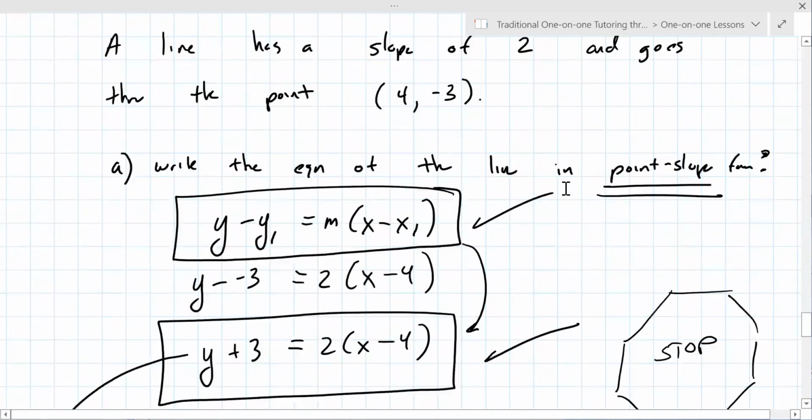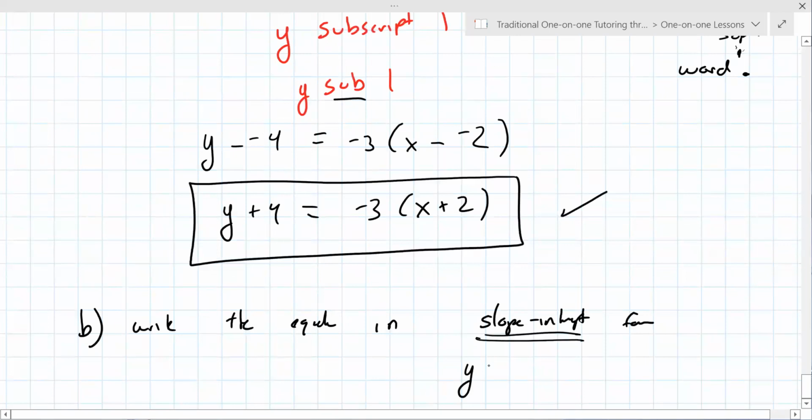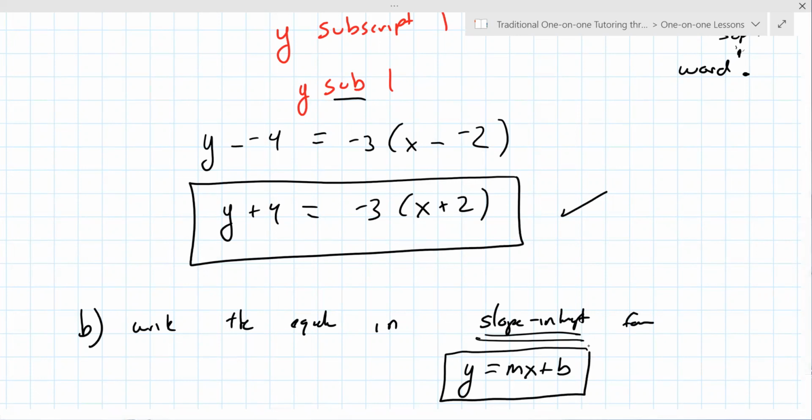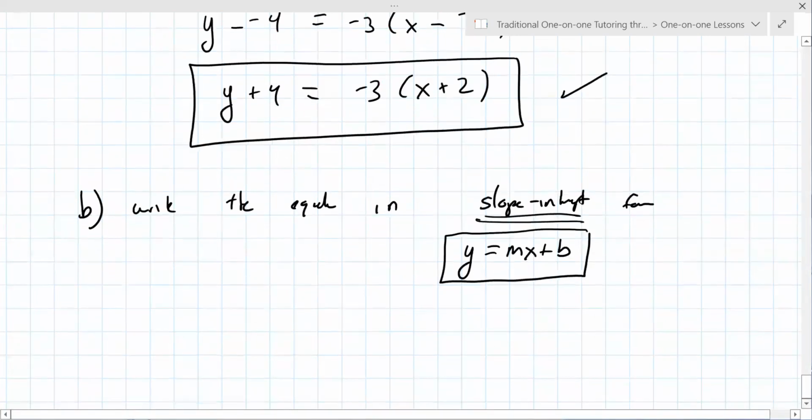Yes. I do not really remember this. So if someone says slope-intercept form, you have to say y equals mx plus b. Oh, that's it? Well, we're converting this one into that form. And we do that by solving for y.